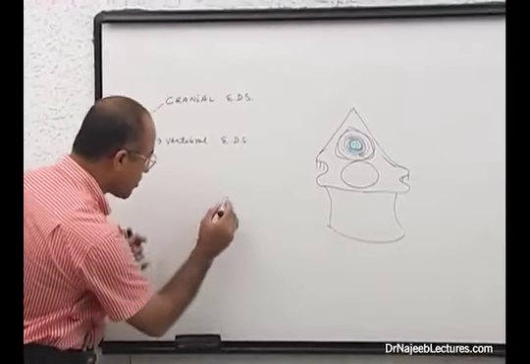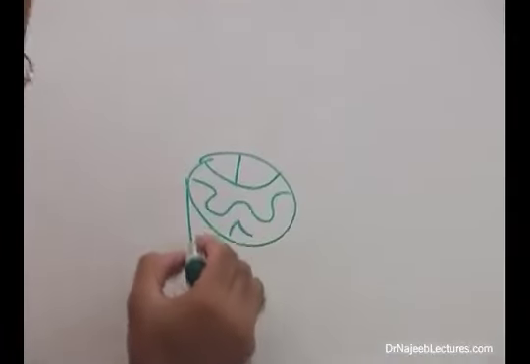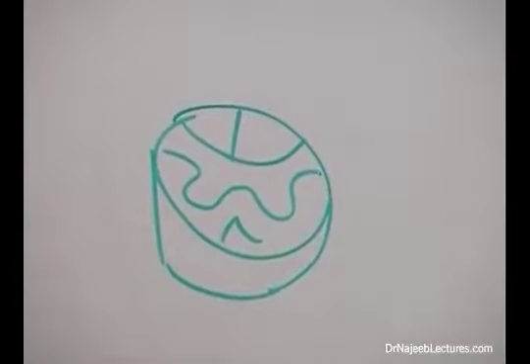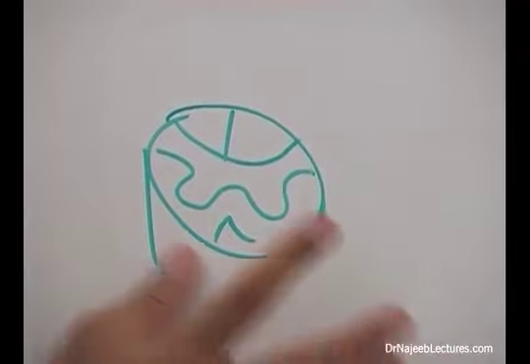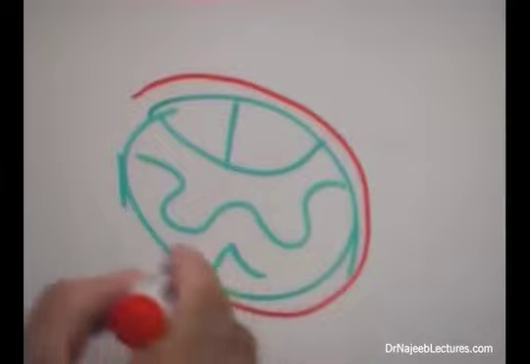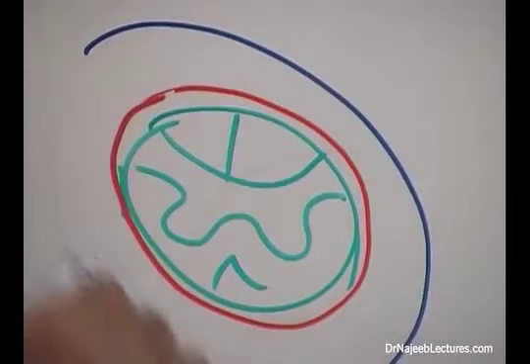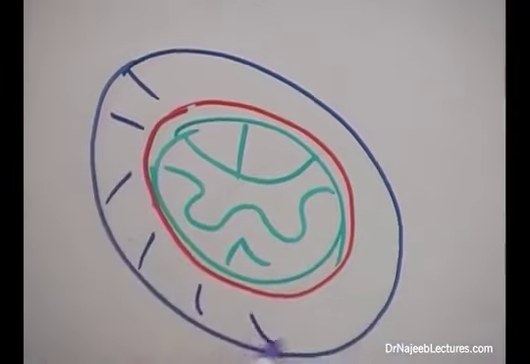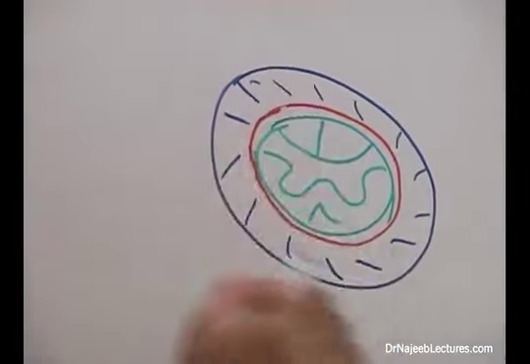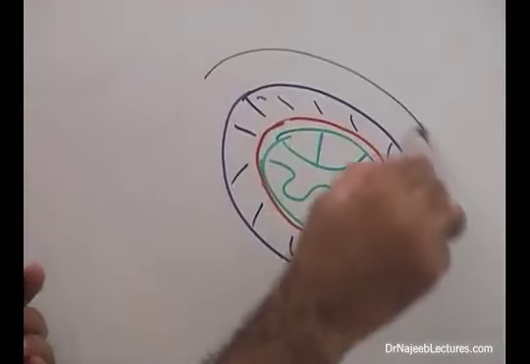Again, let me draw it more clearly. Suppose this is the spinal cord. Right? Now you tell me the layers. I will make them. What is this layer? Which is immediate pia, and outside the pia, what is this? Arachnoid. CSF is present in this space. We are not talking about the subarachnoid space. Outside there is dura.